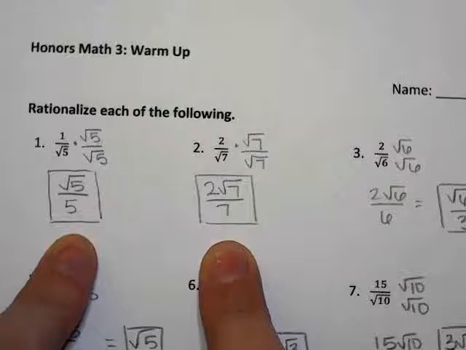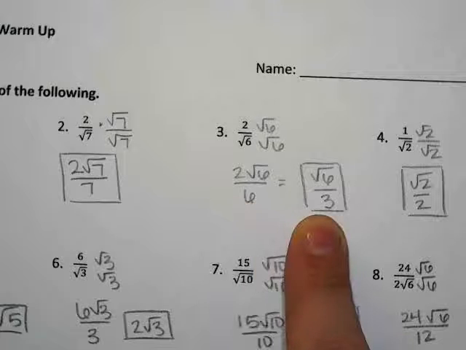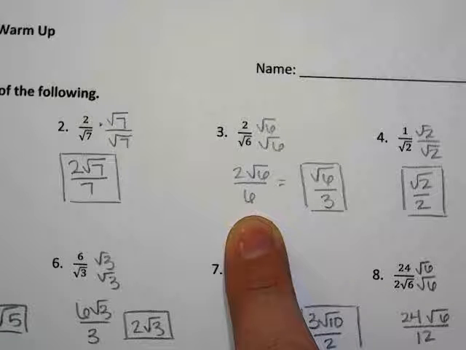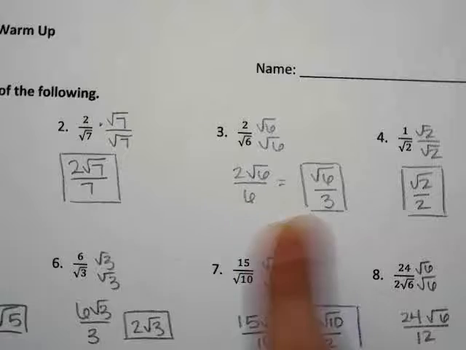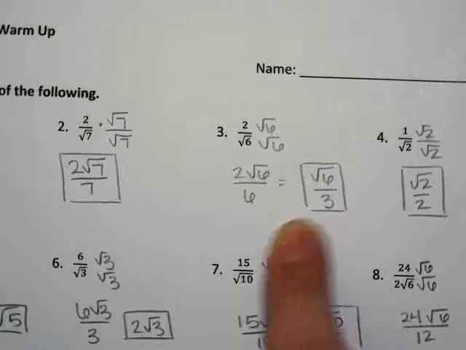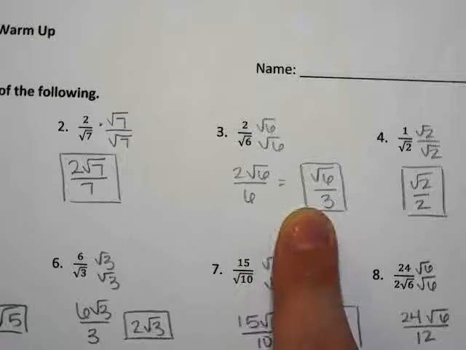So 1 and 2 just made sense. And then number 3, it's a 2 over 6. A 2 over 6 can be reduced. Did everyone reduce their 2 over 6? Yeah, so the 2 over 6 can be reduced. Oh, I see what you did there. You reduced.